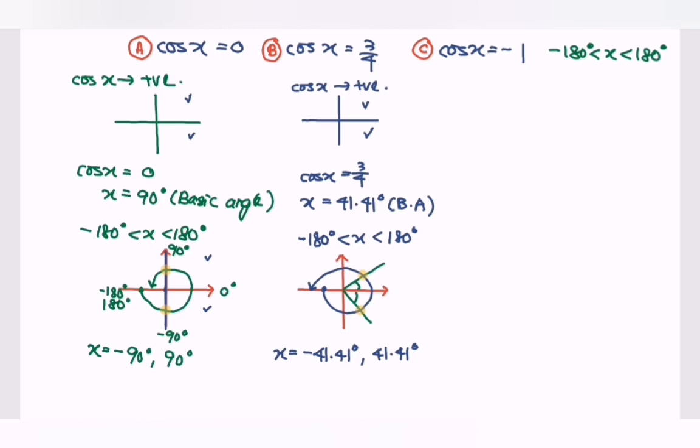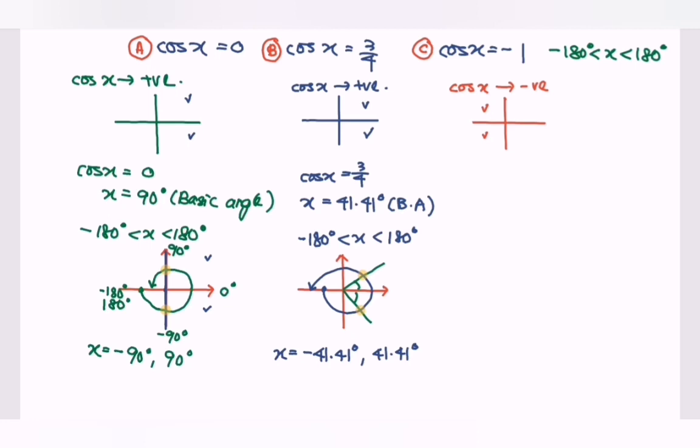Let's focus on part C. So we have step number 1. Observe the situation where cos x is negative. And the location will be the second and the third quadrant, where cos is negative. Second step, we are going to find the basic angle.